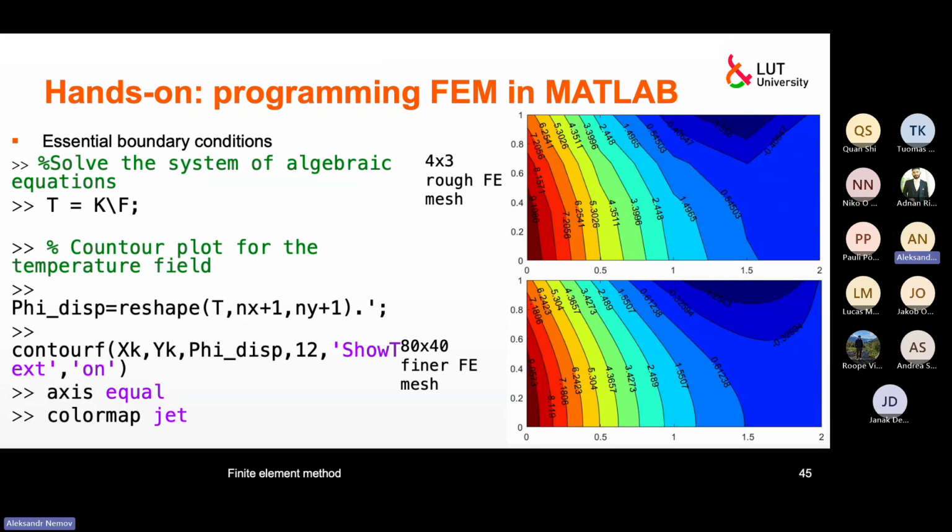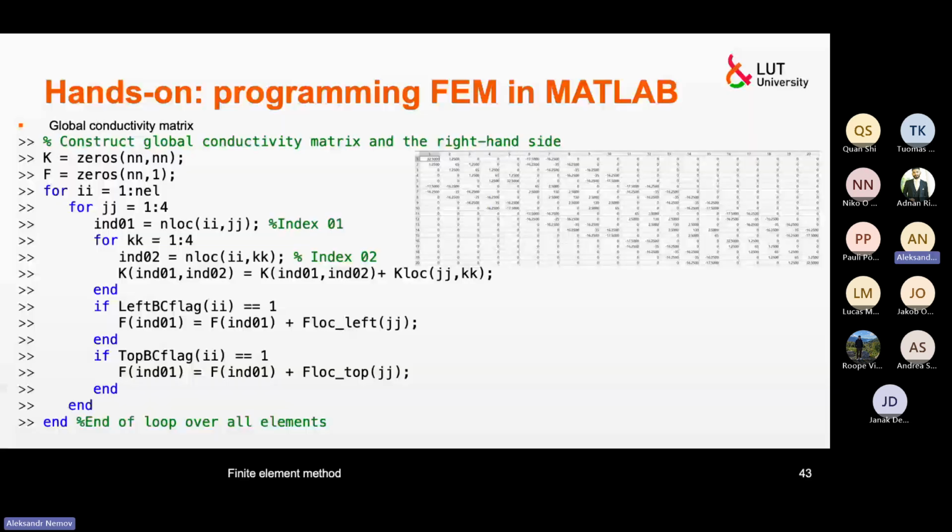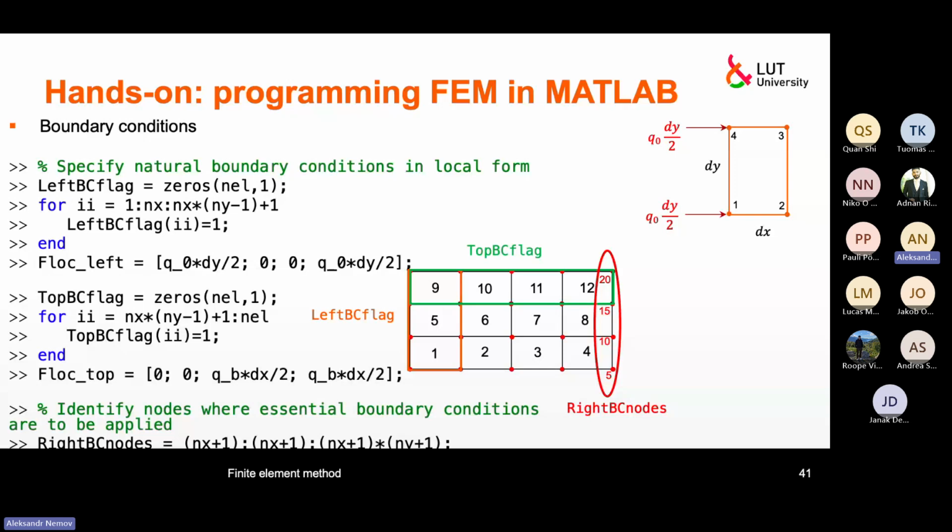Okay, but can you look into results like this T vector? Let's say the temperatures at those left nodes. We will see if it's the visualization or this. Can you look at positions number 5, 10, 15, and 20?